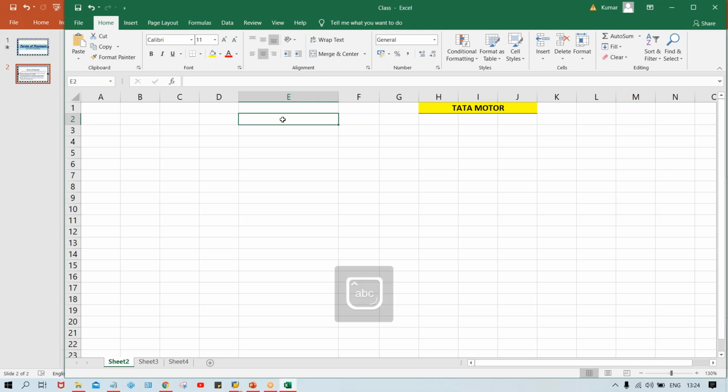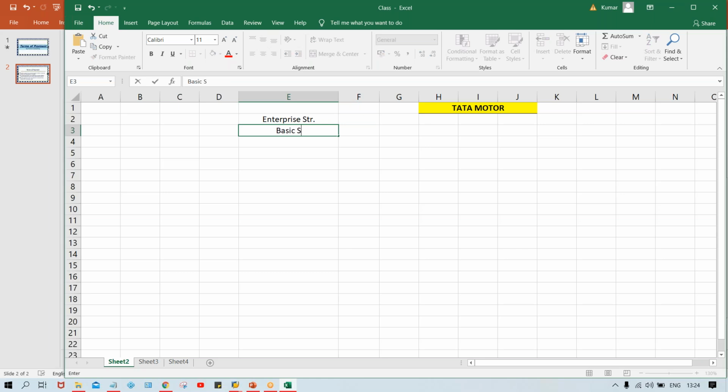First of all, enterprise structure, and then basic settings. In this sequence, first and second are these, and third is the GL settings.